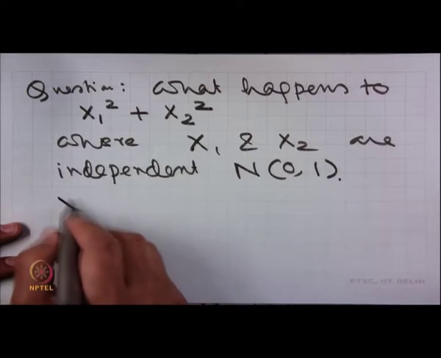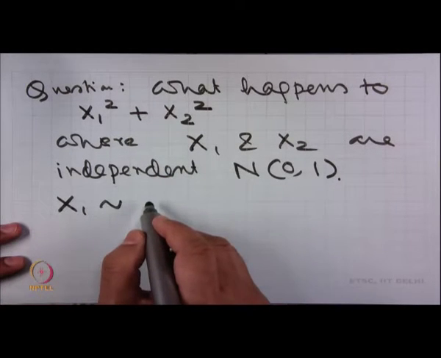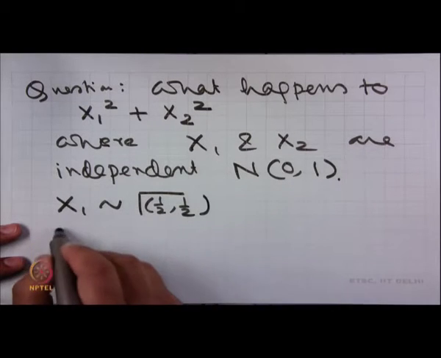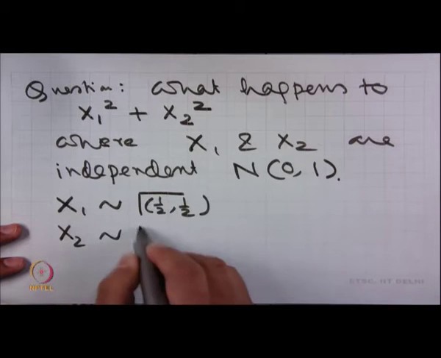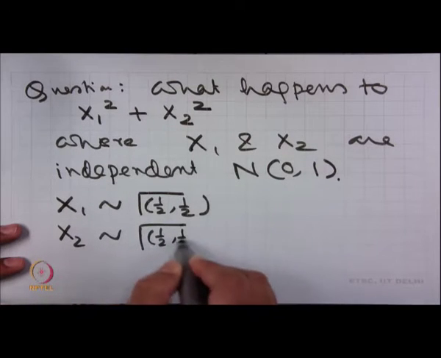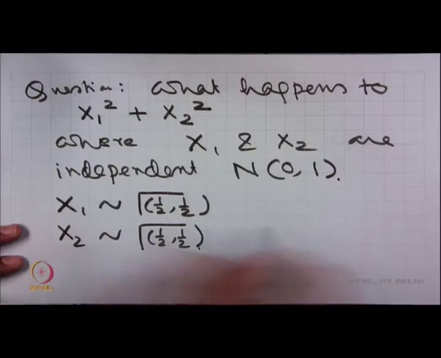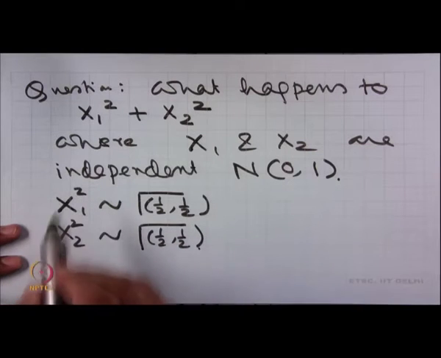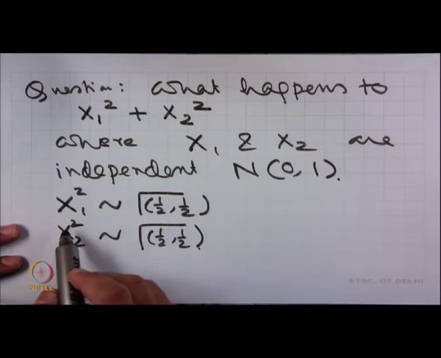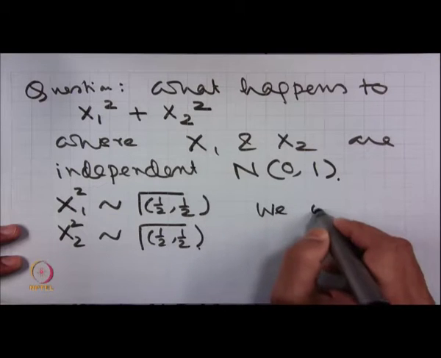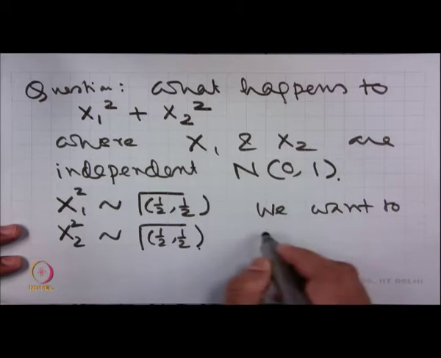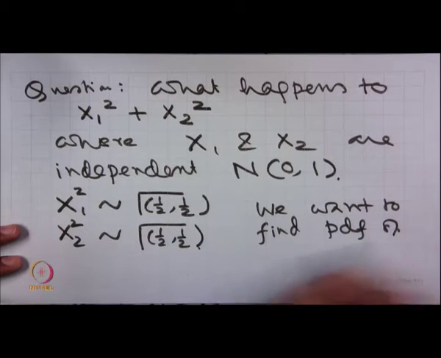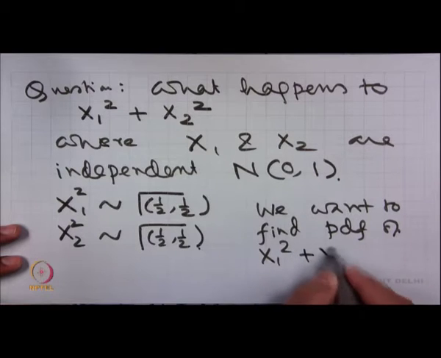We know that X1 square will become gamma(1/2, 1/2), X2 square will become gamma(1/2, 1/2), and therefore, given two different random variables which are independent, we want to find the PDF of X1 square plus X2 square.